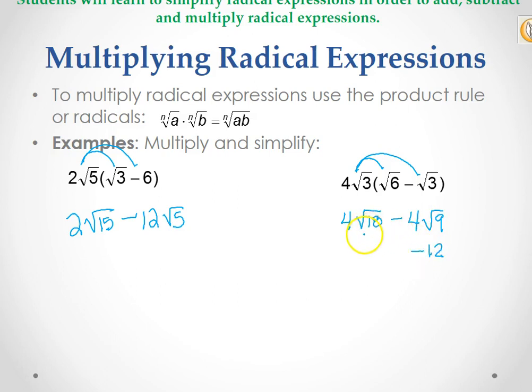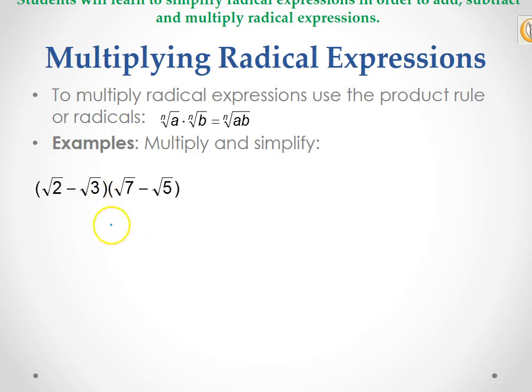The square root of 18 I can break down. The square root of 18 I know is the square root of 9 times the square root of 2. The square root of 9 is 3. And we got the square root of 2. So I have for my answer 12 square roots of 2 minus 12. Can I combine those? No, they don't have the same radicals. Final answer.